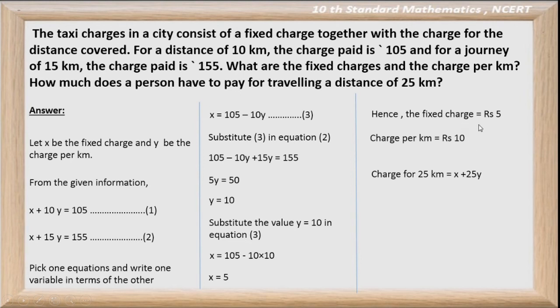X is the fixed charge. Fixed charge is 5. So 5 plus 25 into Y, charge per kilometer is 10. So 5 plus 25 into 10. 25 into 10 is 250 plus 5 is 255. Hence, the person has to pay 255 for traveling 25 kilometers.